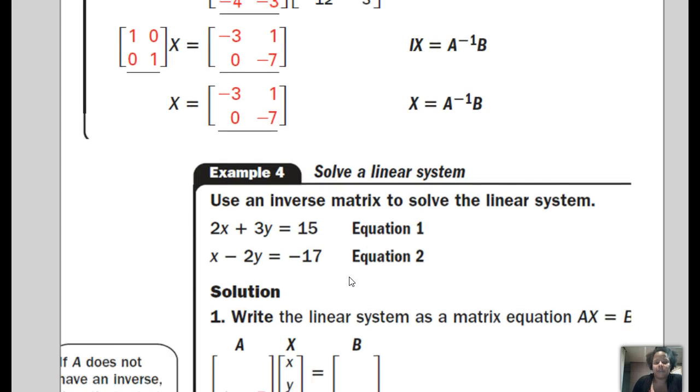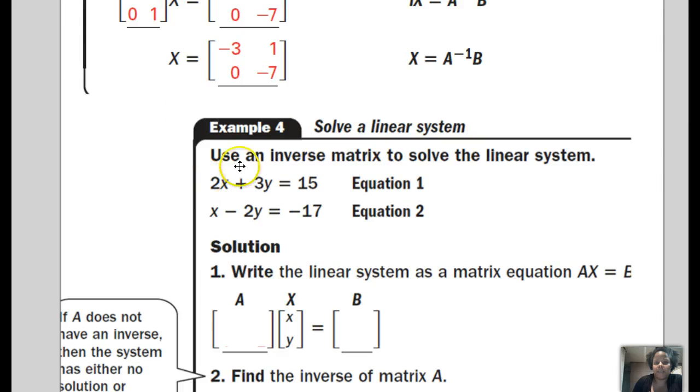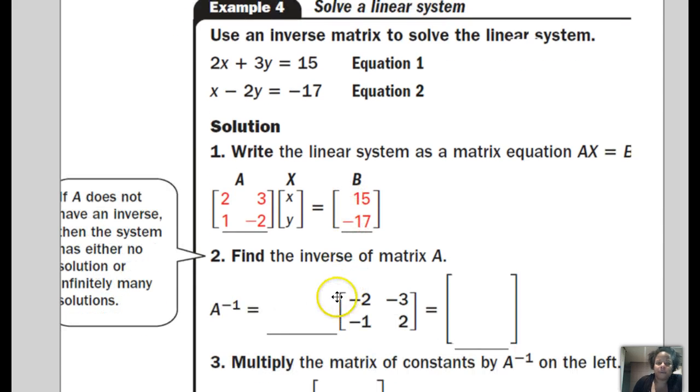So let's see how we do that in a system. Here we have a system of equations. I'm going to write my coefficient matrix based off the coefficients of X and Y, and I'm going to write my right-hand side matrix based off what's on the right-hand side. In order to use inverses to solve, I need to figure out what A inverse is.